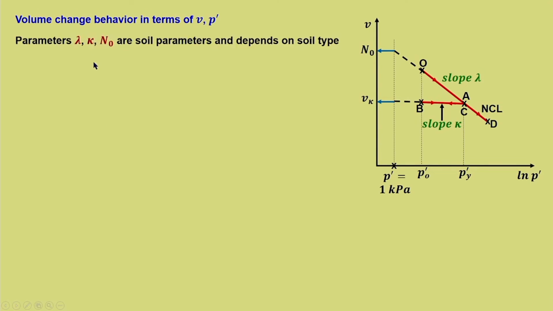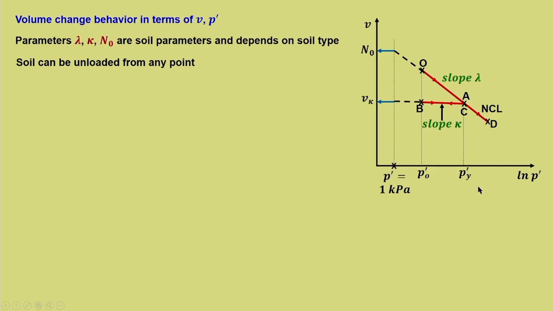Now, parameters lambda, kappa and N naught are soil parameters and depend only on soil type. So, these parameters N naught, lambda and kappa can be considered fundamental soil parameters. Now, soil can be unloaded from any point, it can be unloaded from here, from here, or from here.